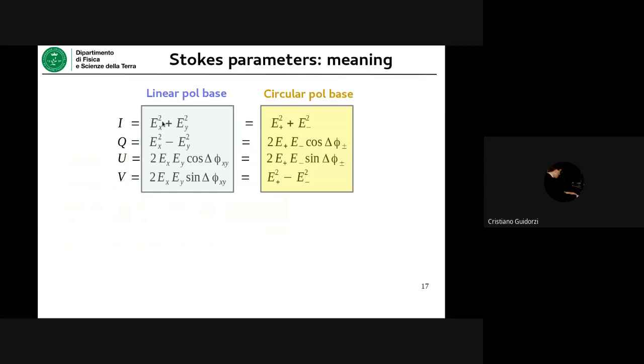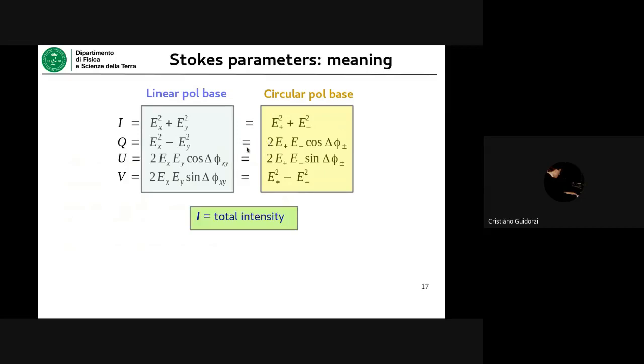The intensity is the same, though it has a different look. The difference between the two polarization base units is given in the linear base by Q, while in the circular base it is given by V. The mixed terms are given in the linear polarization base by U and V, while for the circular one by Q and U.